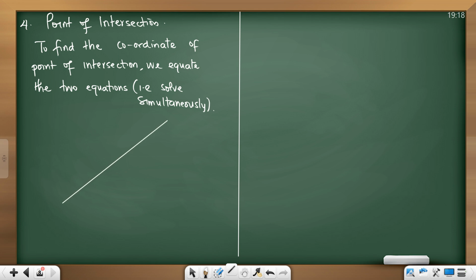Let's just try one. I'm just going to create something. Y equals 2x plus 4, and then I have another line that says y equals negative x plus 4. Let's find the coordinate. I hope my equations are going to work.